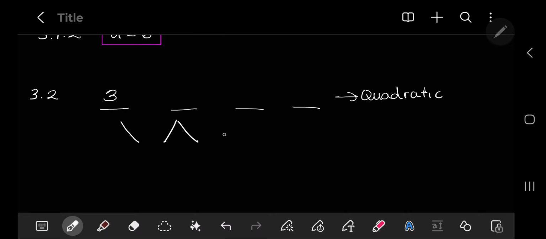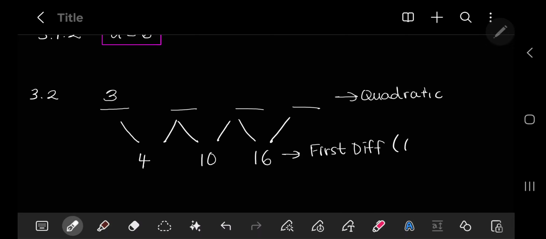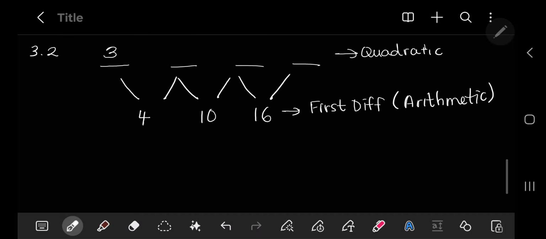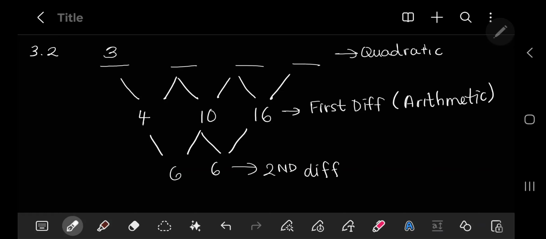And then to get the first differences, those are going to be the values 4, 10, and 16. That is the first difference, which is arithmetic. And from here, we can get the second difference, which we know is 6. We are adding 6 each time. So second difference.